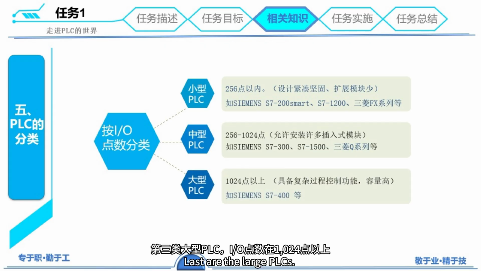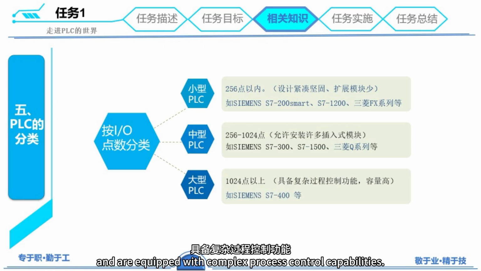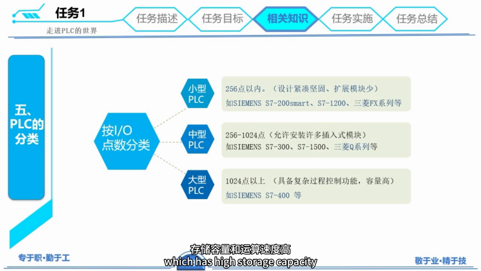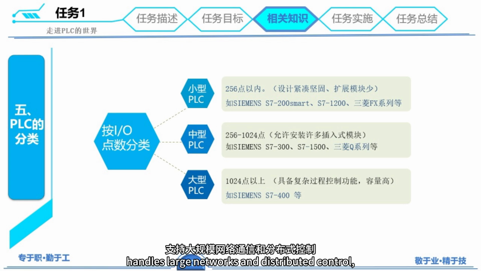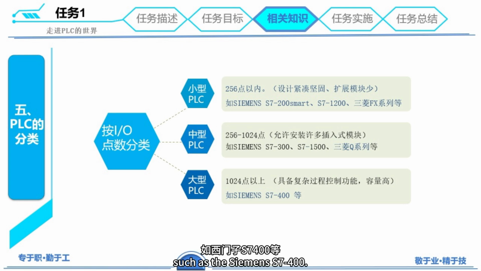Last are the large PLCs. They have over 1024 I/O points and are equipped with complex process control capabilities, with high storage capacity and fast processing speed, handling large networks and distributed control, such as the Siemens S7400. It is used for the overall automation of large-scale factories.